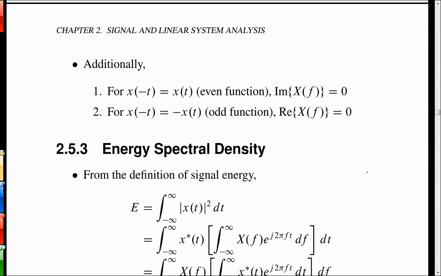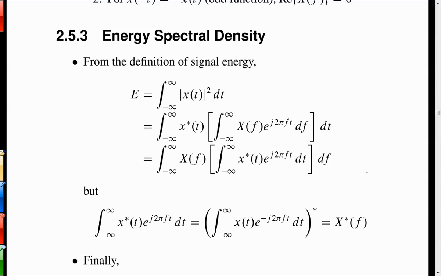Another thing that carries over from the Fourier series is that if the signal itself is even, it's still real, but it's an even function, then the imaginary part is 0. And if it's an odd function, then the real part is 0. Now there's another definition which we'll be using later on in the COM section, but right now we'll just look at it in the energy sense, not the power sense.